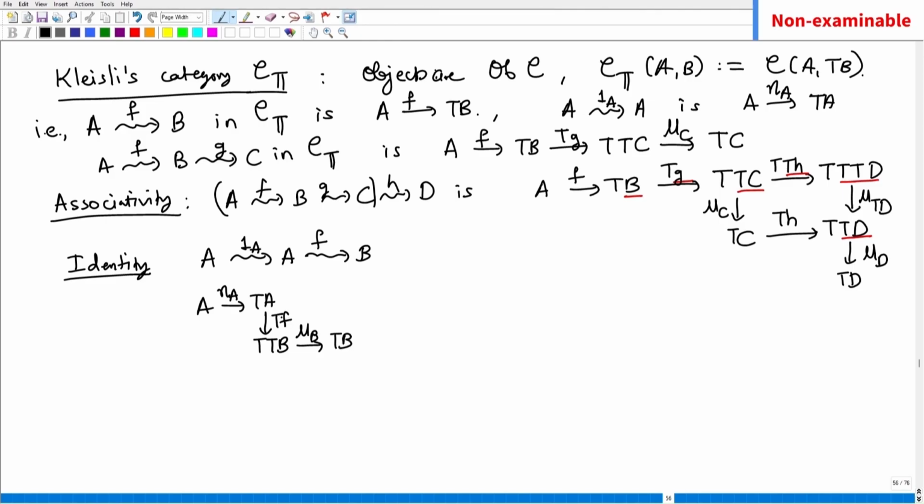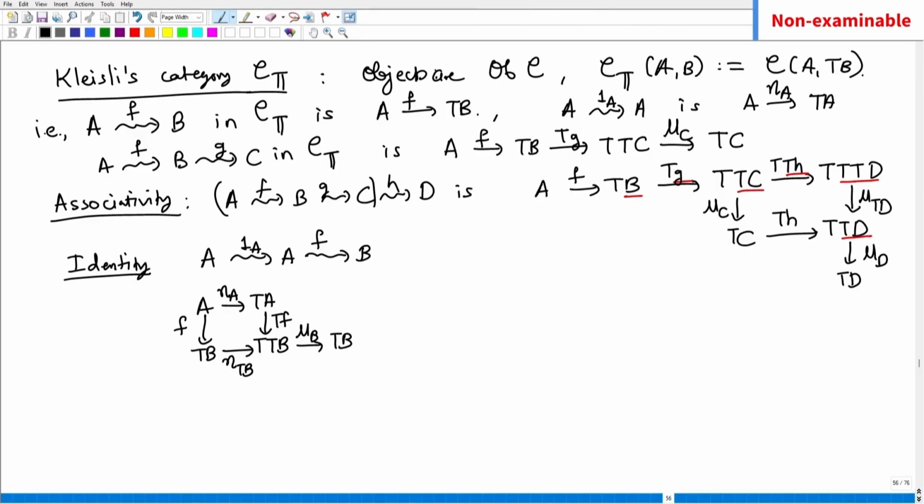This is TF. So here I can do F, and then TB to TTB, what will I have? Eta sub TB. Now eta sub TB and mu B, they compose to give you the horizontal composition, which is just identity thanks to diagram 1. So this is actually just F.